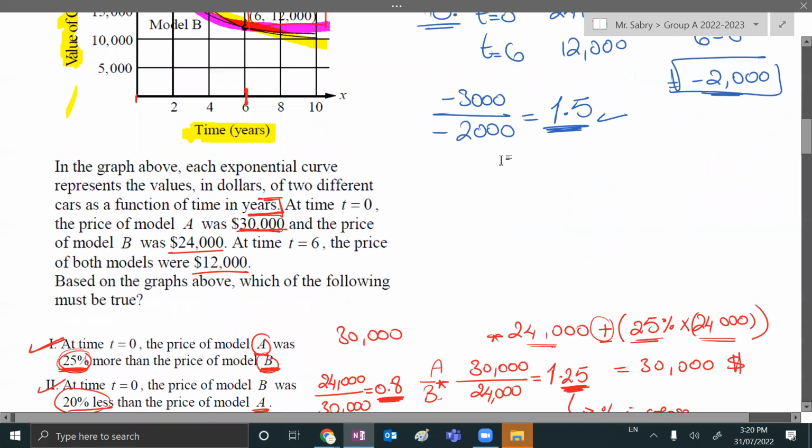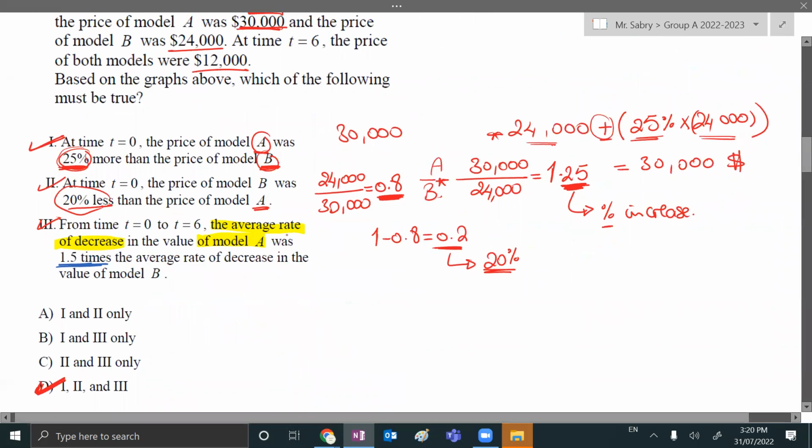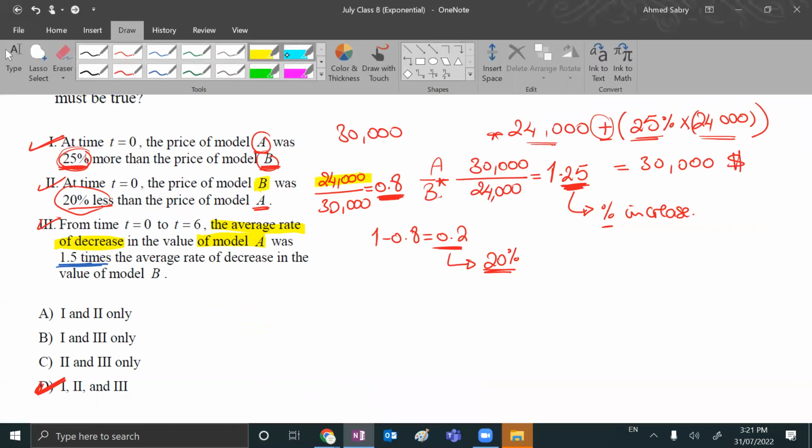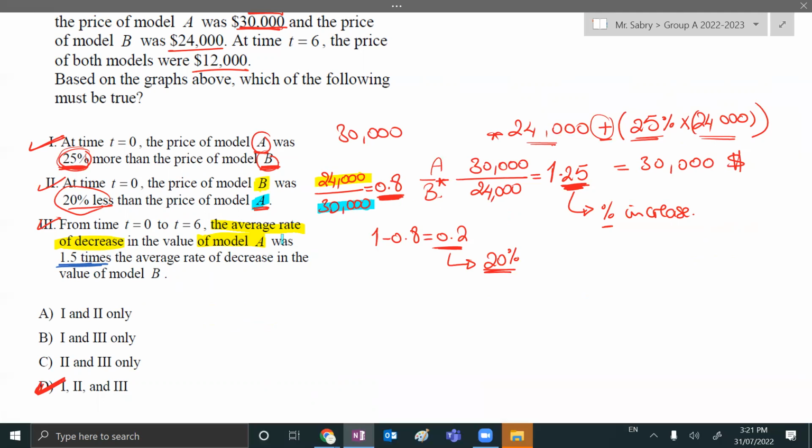Do you want me to repeat the second choice, Mohamed? Okay. The second choice wanted to know whether price B was 20% less than price A, yes or no. How do I know? He's telling me B relative to A, so I'll do the price of B, which is 24,000, divided by the price of A, which is 30,000. The answer came out 0.8. 0.8 is less than 1 by 0.2, which means it decreased exactly 20%.